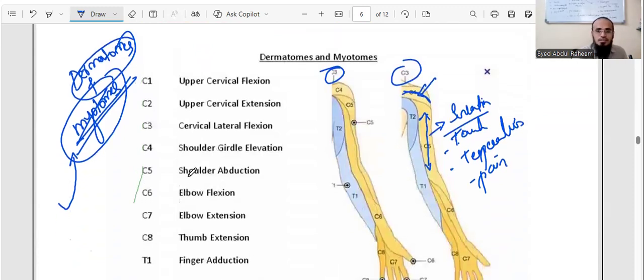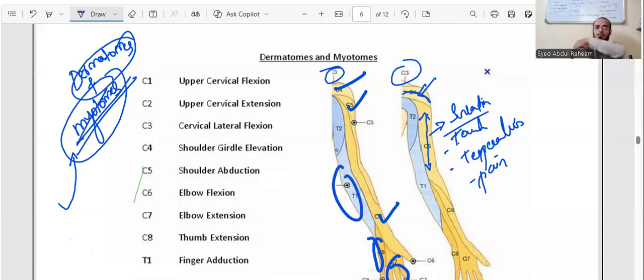You can see in this image easily: this is the C4 area, this is C5, this is C6, controlled by C6. This is C7, the middle three fingers, and this is the C8 area. This is T1.